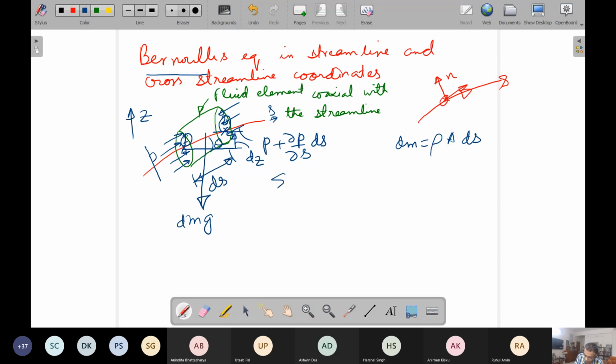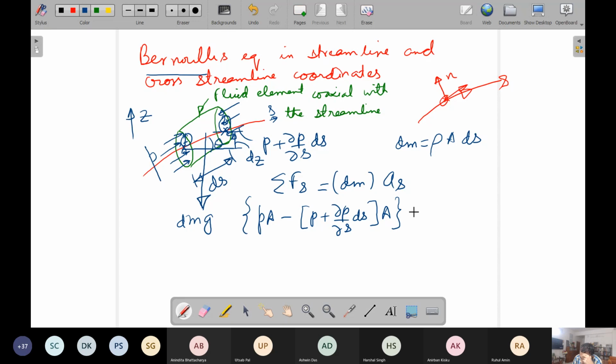If we write Newton's second law for this identified fluid element, the resultant force along S is the mass times acceleration along S. The resultant force along S from the pressure is P into A minus, then rho A ds into sine theta.